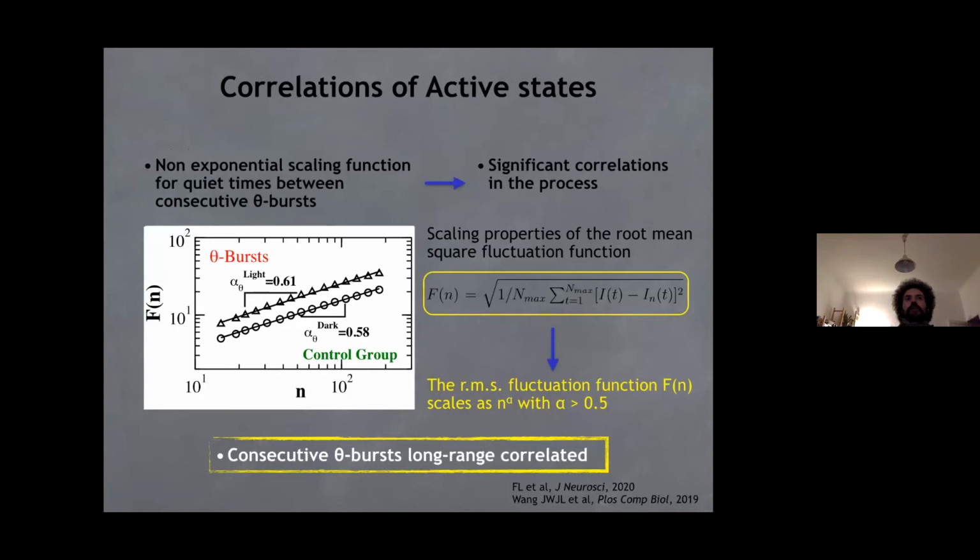Indeed, when we look at the fluctuation function, we see that it scales as a power law with an exponent clearly larger than 0.5. That means that there are persistent positive long-range correlations in the process.